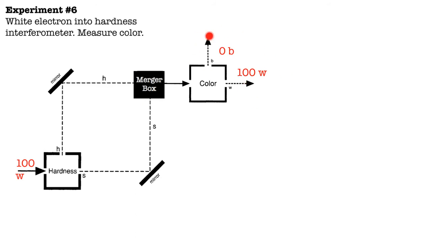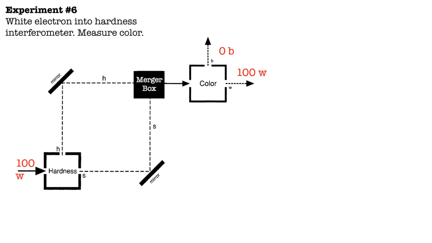Well, if we have 0 blue and 100 white, that's telling us that we did not have electrons with a defined hardness state at the exit of the merger box, because if we had electrons with a defined hardness state here, then the output of color would be 50-50, right? If you shoot a hard electron into a color box, it's a 50-50 exit probability. If you shoot a soft electron into the color box, it's 50-50. So if you have a defined state of hardness at the entrance of the color box, you're going to get 50-50 output, but we do not.